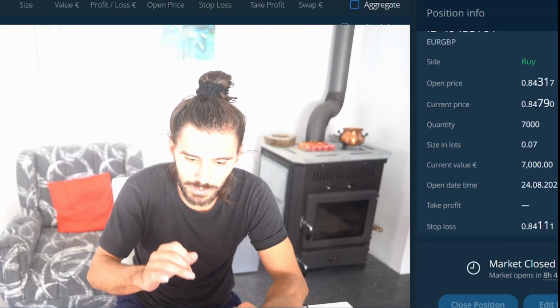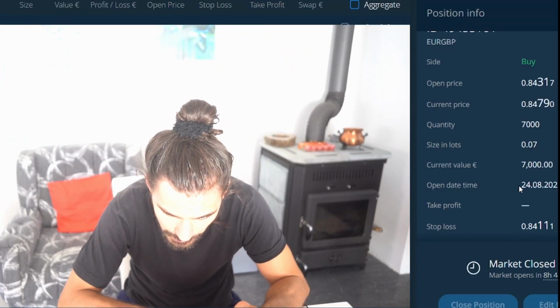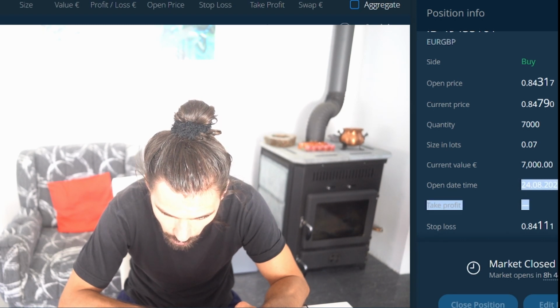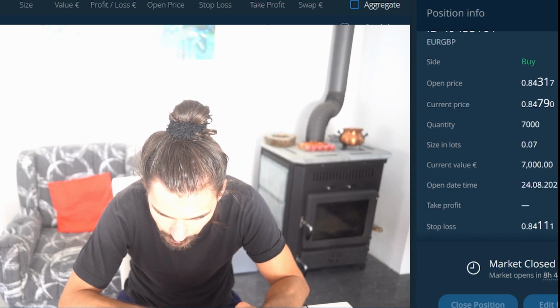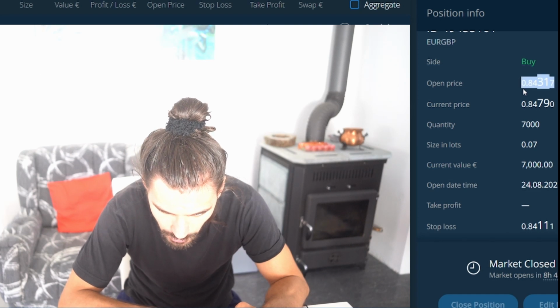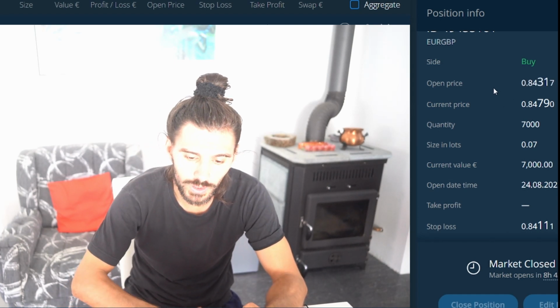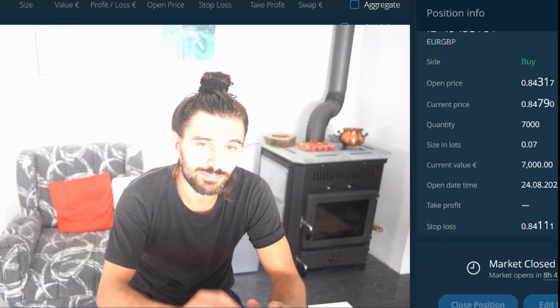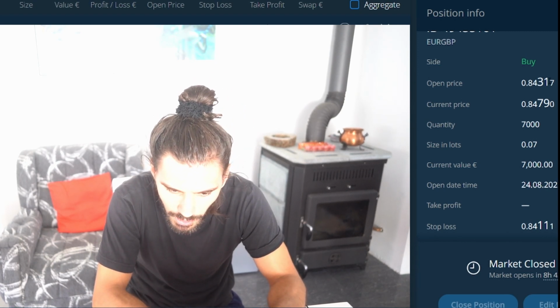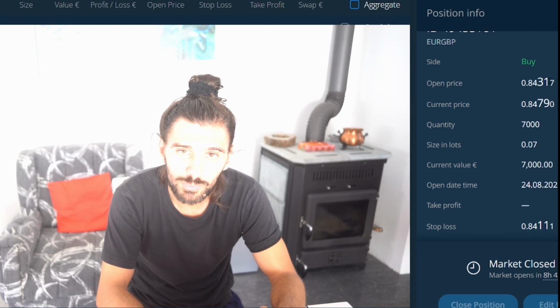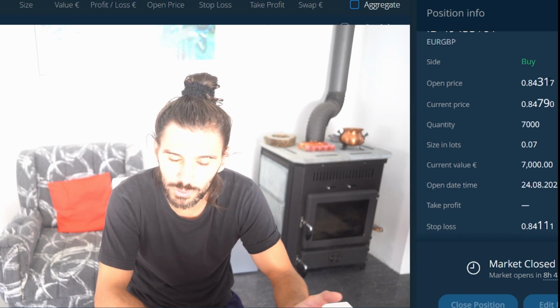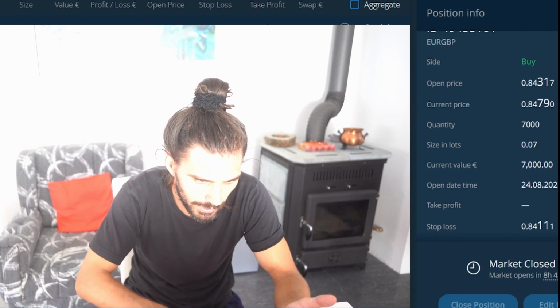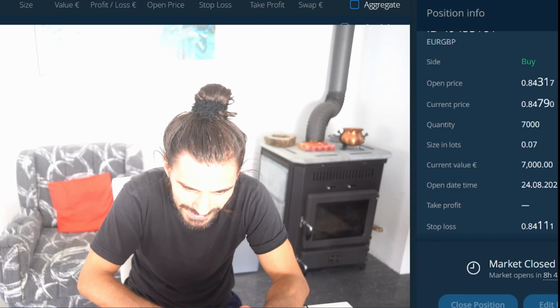But again, I'm going to take a look for this week, so here we go. So here is my open price. As you can see, the date was here the 24th August, roughly at midday, and here the open price is 0.84317. Now keep in mind, this broker that I'm using has a little bit of a different price than the one, for example, on TradingView, so it's not exactly the same, but my entry was at around these levels.